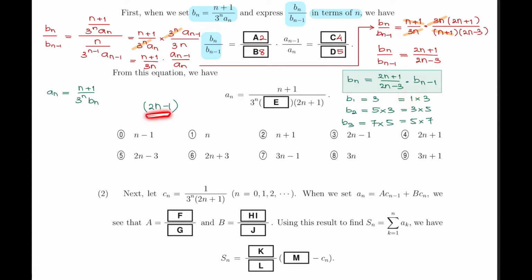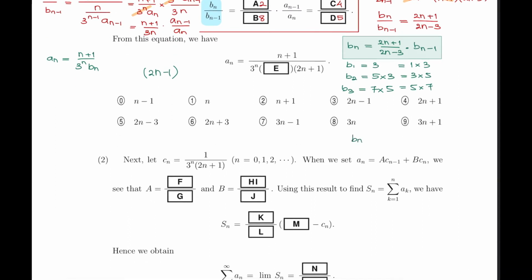If I substitute n with 2, I got 3. If I substitute n with 3, I got 5. This is the general formula for an odd number, 2n minus 1. So the first factor of Bn is 2n minus 1. This is the first odd number.